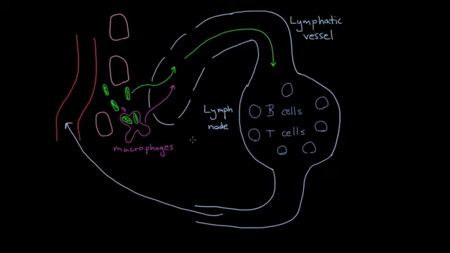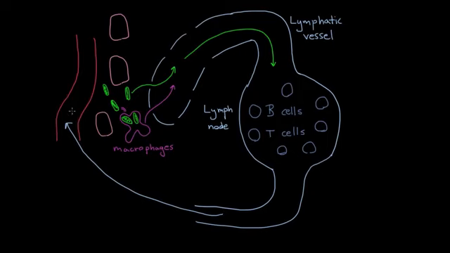And so another nice side effect of having these lymph nodes interspersed throughout the lymphatic vessels is that they'll filter all this fluid that's going to get put back into the blood. If you didn't have this lymph node here, you would still need the lymphatic vessels to get rid of the fluid that your blood is filtering. And what would happen is these bacteria would get put directly back into the bloodstream.